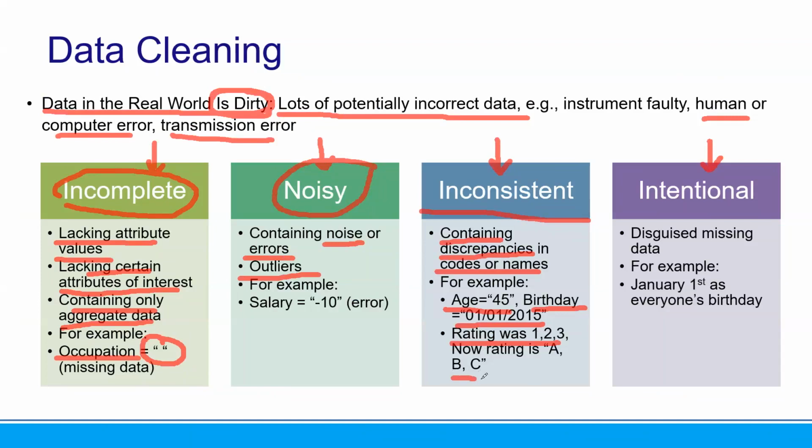Intentional. Is this guy's missing data. So let's say if you are visiting a mart, okay, if you go to supermarket, and if they ask you to fill in some data to be a member of that supermarket.